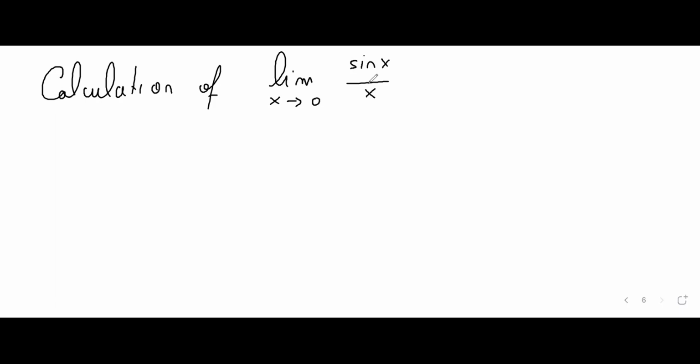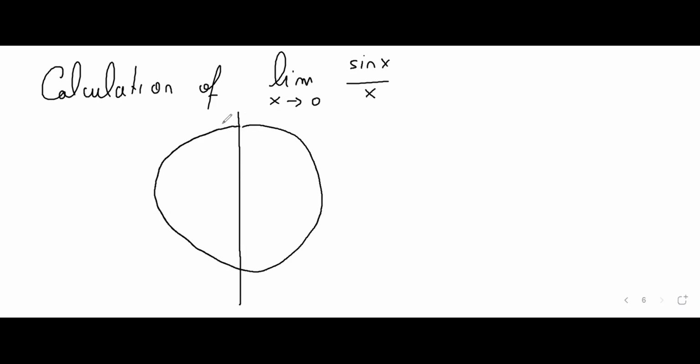We're looking at calculating this limit by using some sort of intuitive method. Let me explain what the intuitive method is. This is a good review of pre-calculus or college algebra trig, if you took that recently.